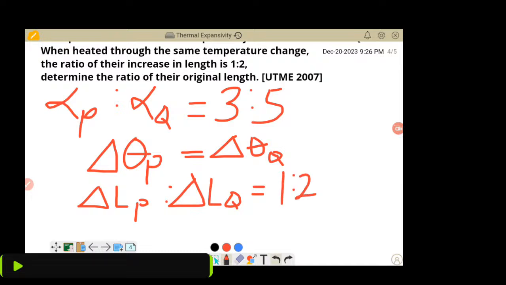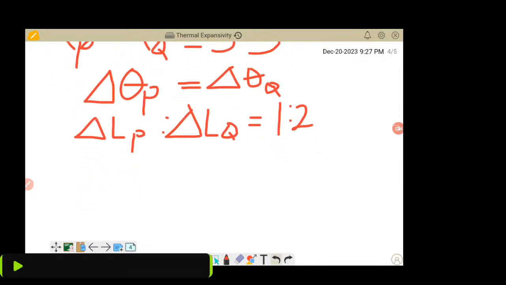We have to determine the ratio of the original length, that is, we have to find LP to LQ. That's what we are looking for in this question. Okay, very good.